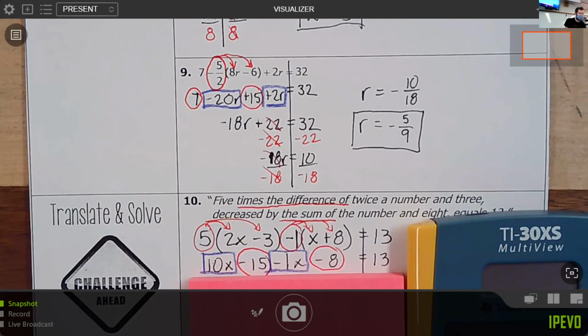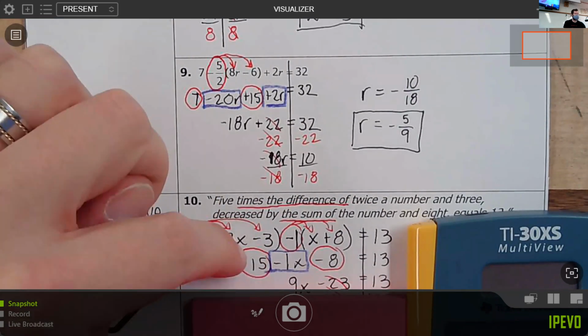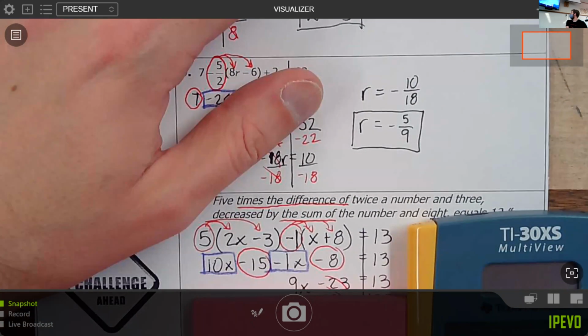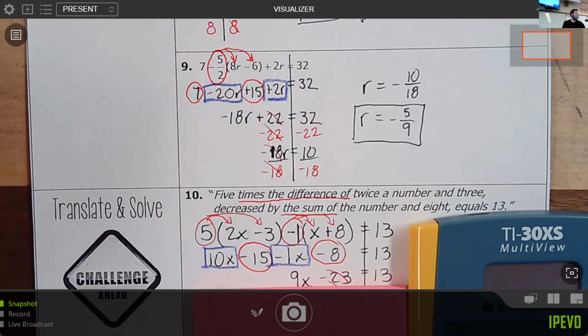What do you have? 9x minus 23 equals 13. Good. 10x minus 1x is 9x. -15 minus 8 is -23. Or -15 plus -8. Same thing, -23. All right. We are now at a place where we are going to solve, meaning we are at a two-step equation now.